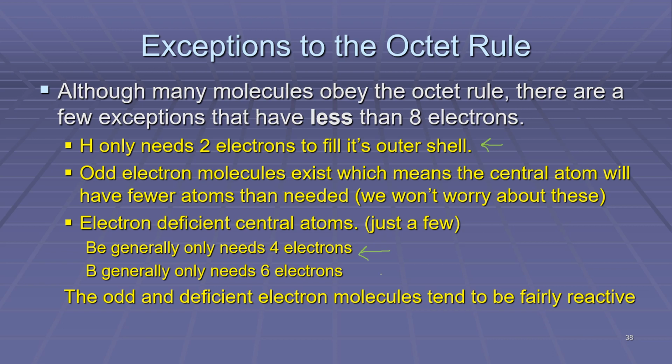Same thing with boron. Boron's happy with only 6 electrons. It may react in different ways, but boron compounds are happy with 6 electrons. So usually what happens is it makes 3 bonds, it has 6 electrons, and you don't have to make a double bond to it because it generally is okay with 6.